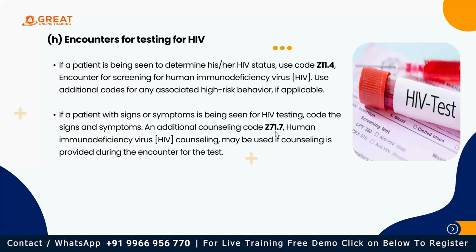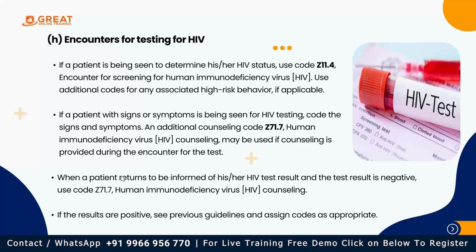When a patient returns to be informed of his or her HIV test result and the test result is negative, use code Z71.7, HIV counseling. Again, even if the patient returns just to be informed of the test result and it is negative, we have to use Z71.7, which is for HIV counseling.